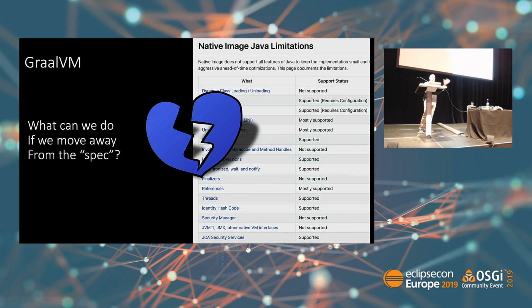Some of these are reasonable things to have a look at and say, if we were going to do this differently, if we're going to give you the performance that you want, what has to give? And so Graal is looking at that space. And right now it's earlier days, so there's a whole bunch of stuff around reflection that is going to be interesting.